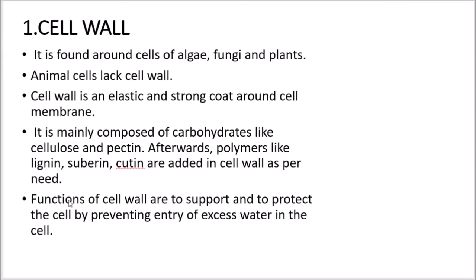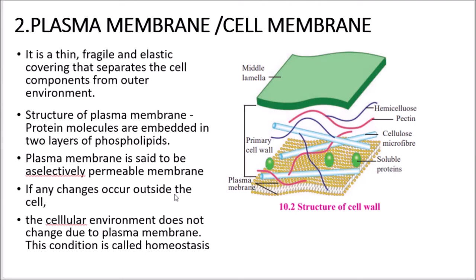So this is about the cell wall and it is present only in the plant cell. Its main function is to support and protect the cell by preventing entry of excess water in the cell. Next, here you can see the structure of the cell wall.